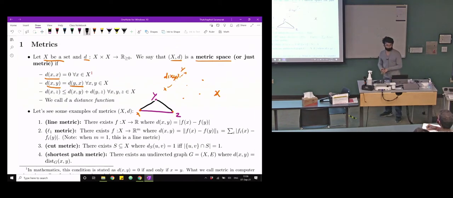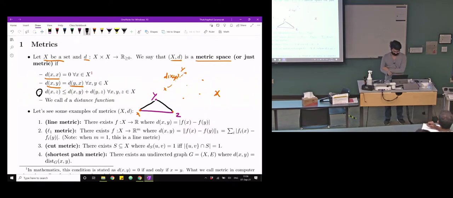This is just like the property of distance in Euclidean space that we are really familiar with. But we just pick this as a property and define it as some property that d must satisfy. Okay, so these are the three things that a metric needs to satisfy. Any question about this?